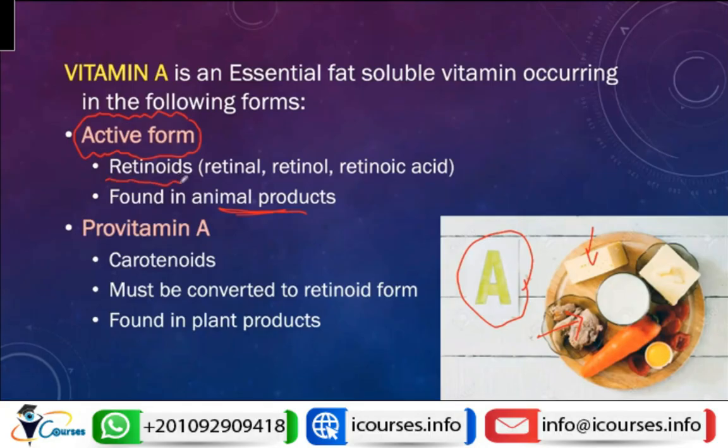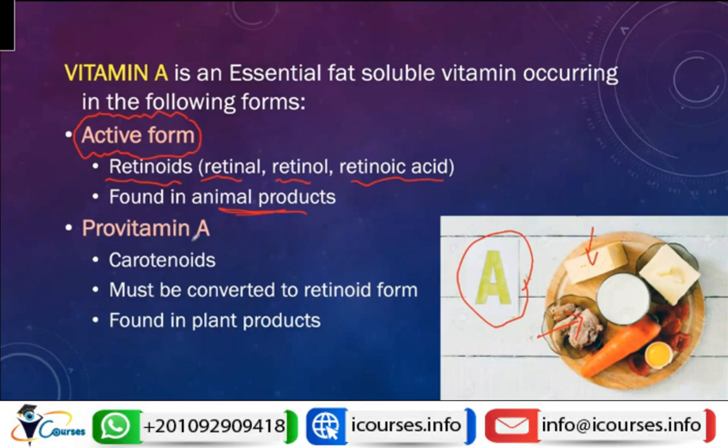Retinoids is a term collectively meaning different forms of vitamin A. This can be retinal, retinol, or retinoic acid. These are different metabolic forms of vitamin A, and all are active forms.